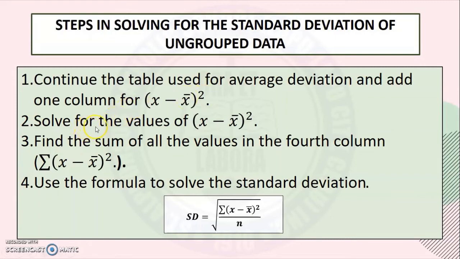Step 2. Solve for the values of the quantity of x minus the mean squared. Step 3. Find the sum of all the values in the fourth column. That means you will add all the values of x minus mean squared. And then the last step, use the formula to solve for the standard deviation. Now, let's continue the table that was used in the average deviation and solve for the standard deviation.